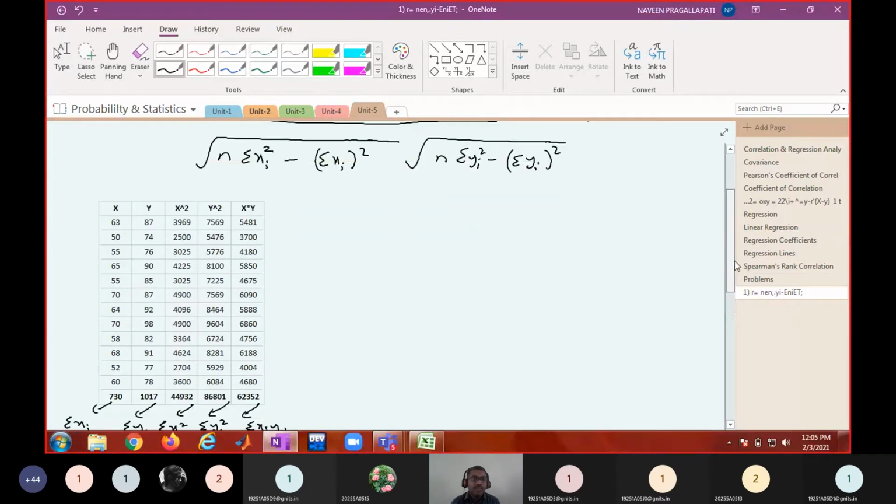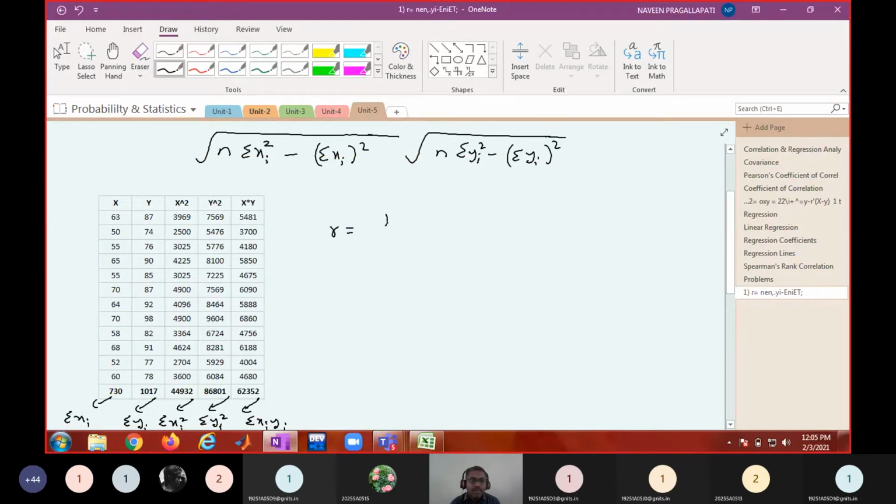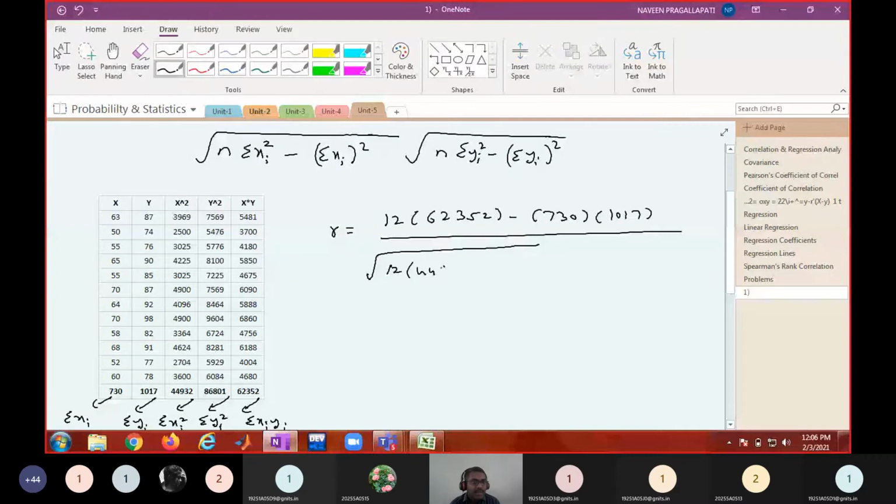So r equals 12 into sigma xi yi, which is 62352, minus sigma xi into sigma yi, 730 into 1017, divided by square root of 12 into sigma xi square, 44932, minus sigma xi whole square, 730 whole square, into root of 12 into sigma yi square, 86801, minus sigma yi whole square, 1017 whole square.